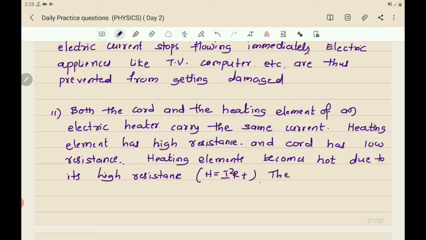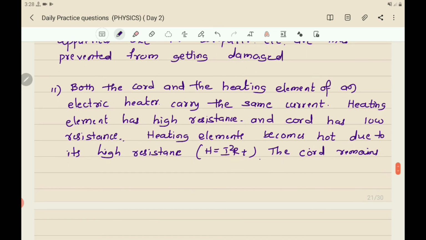The cord remains cold due to its low resistance.